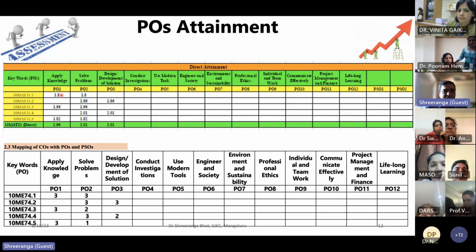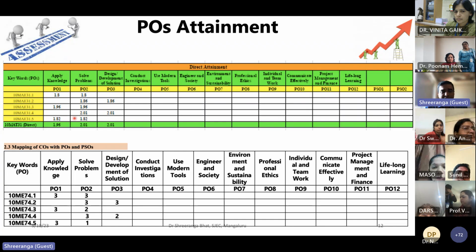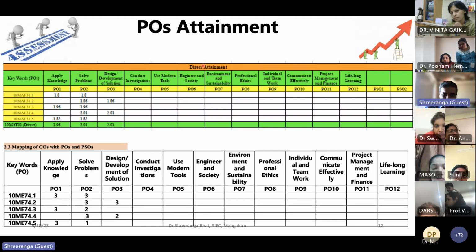So let us say for the CO1 I have got 1.8, that 1.8 I am going to write here. For the CO2 I am going to get 1.86, that I am going to write. In that way, in the respective spot. Of course, you don't have this many POs which are defined for the undergraduate courses. You will be having only up to 6 POs. So within this table, we are able to map it.